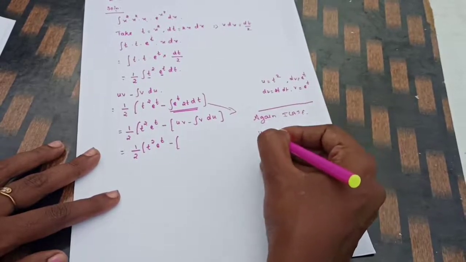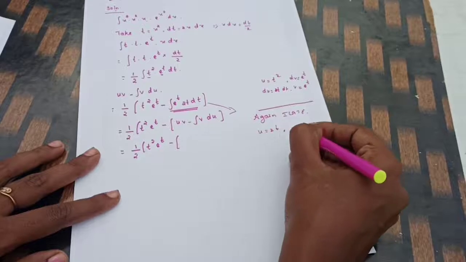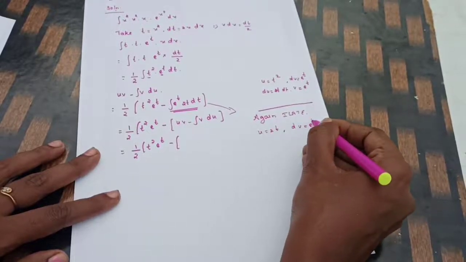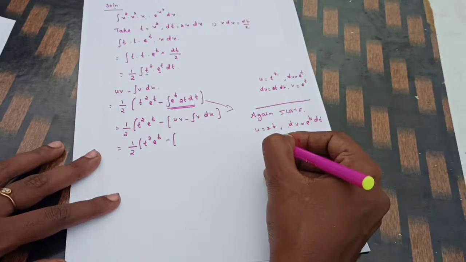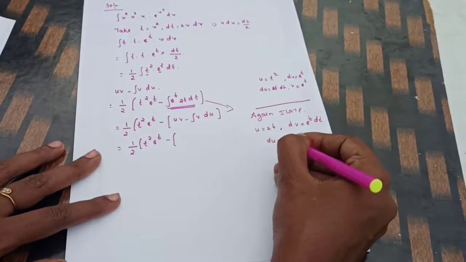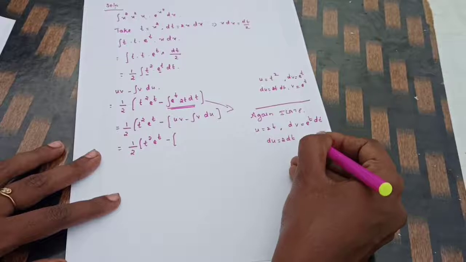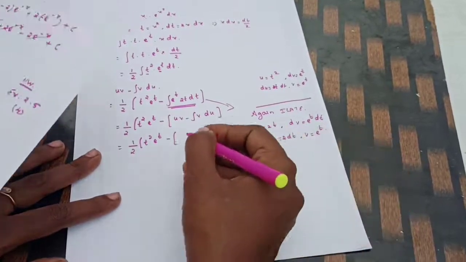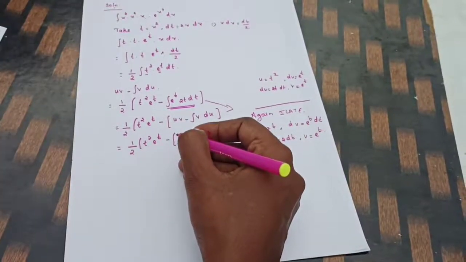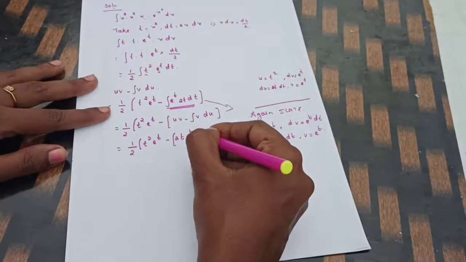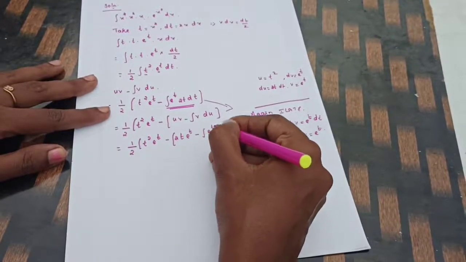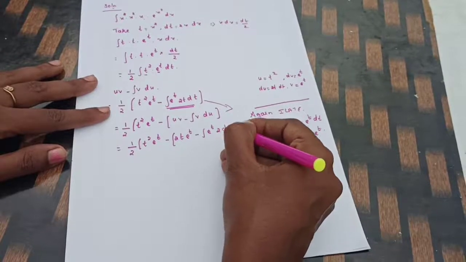So what will happen? u equal to 2t. This is exponential, so it will come last: e power t dt. Okay. So du equal to 2 dt, v equal to e power t. So we are going to substitute here: 2t e power t minus integral of e power t 2 dt.